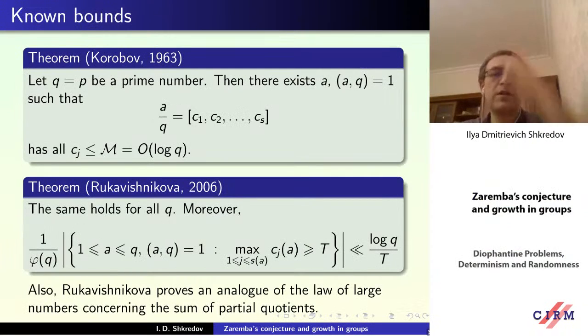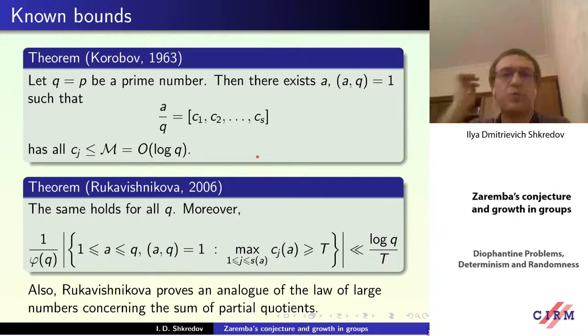So Korobov proved that this constant M can be taken tending to infinity, unfortunately. He proved it in the case of Q equal to a prime number, which is a very important case. He proved that there is an A such that all partial quotients of this ratio A over Q are bounded by logarithm of Q. And for composite Q, this result was repeated by Rukavishnikova.